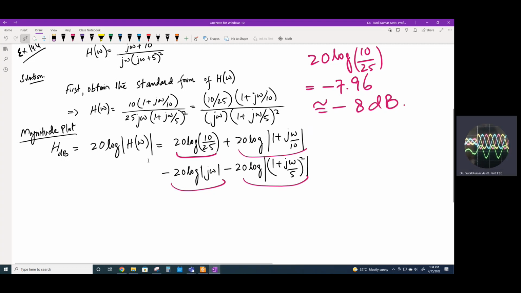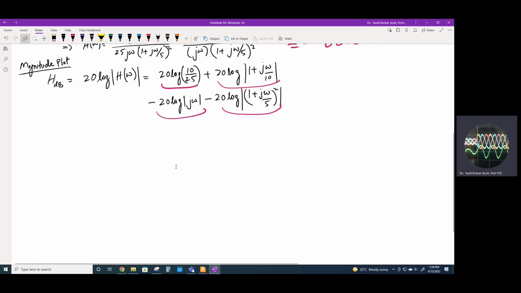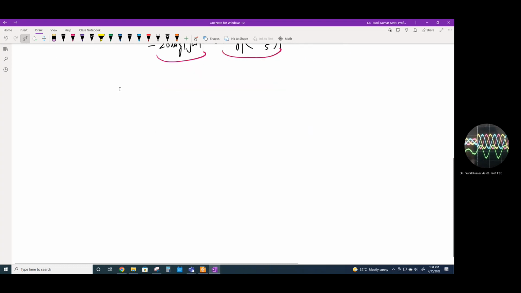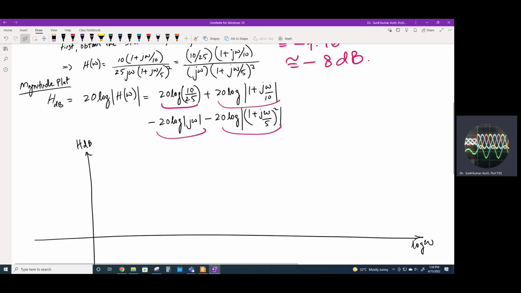So let's draw the horizontal and vertical axes and construct the Bode plot using these factors. Let's draw this constant line, 20 log of 10 over 25, which is minus 8 dB.